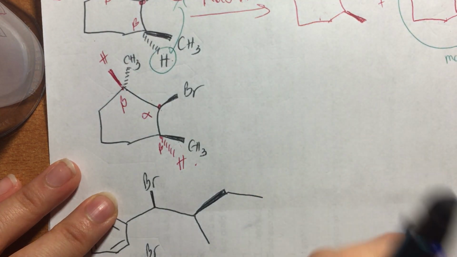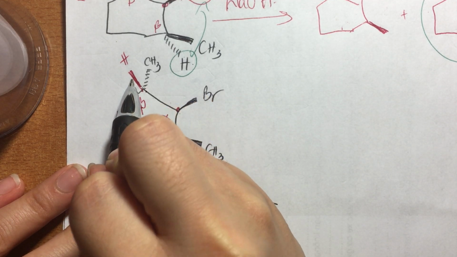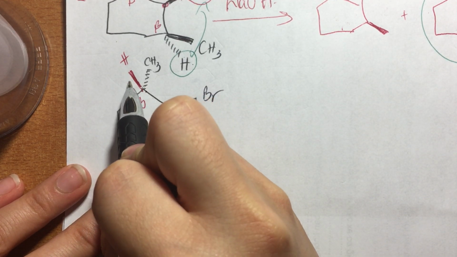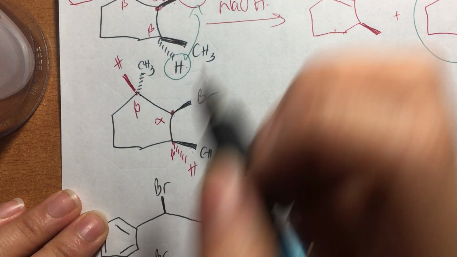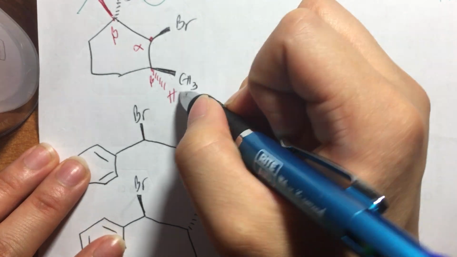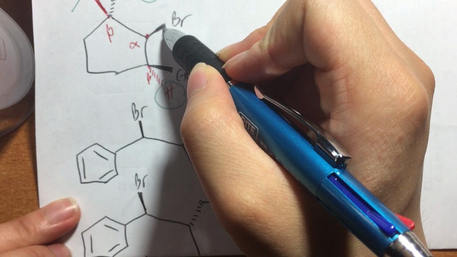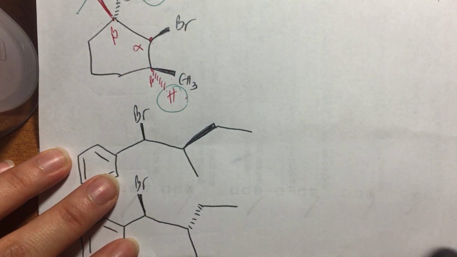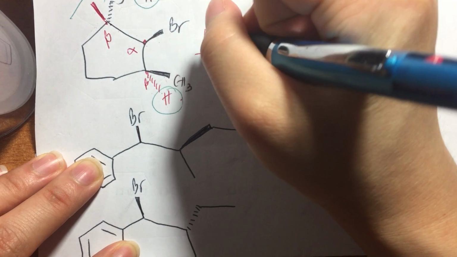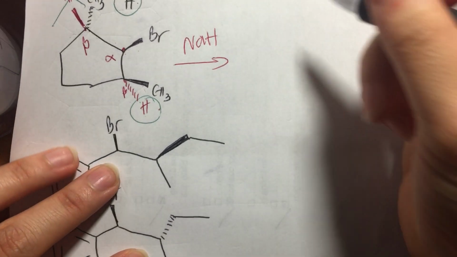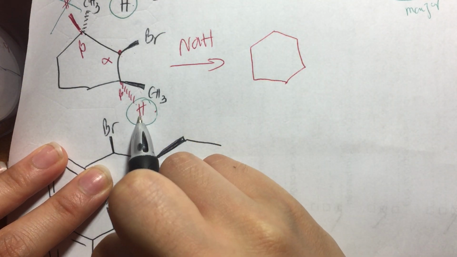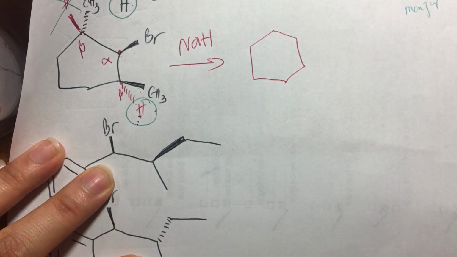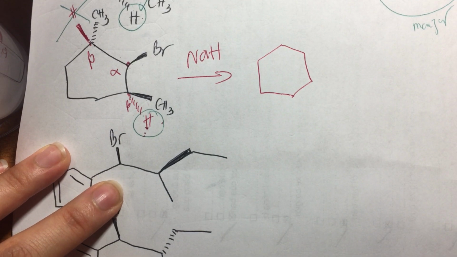If I look at this, I can see that the hydrogen on this beta position is on a wedge, and my bromide is on wedge. This is not anti-periplanar, so no reaction occurs on this hydrogen. However, this hydrogen is on a dash, and this bromide is on a wedge, so these are anti-periplanar. So only one product occurs here, and it is stereospecific, and only this hydrogen can be involved because this hydrogen and the bromide are anti-periplanar.